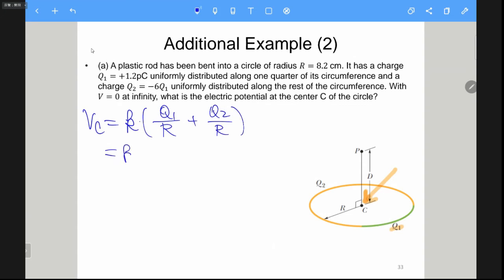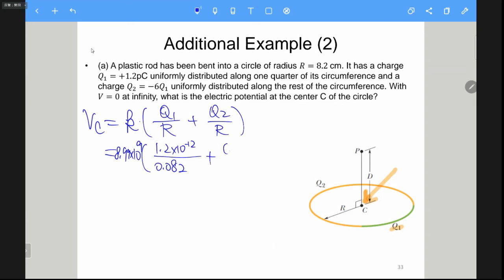So we can just plug in K times Q1 is 1.2 times 10 to minus 12 over, let me just plug in 8.99 times 10 to the 9 power, and then R is 0.082, plus -6 Q1.